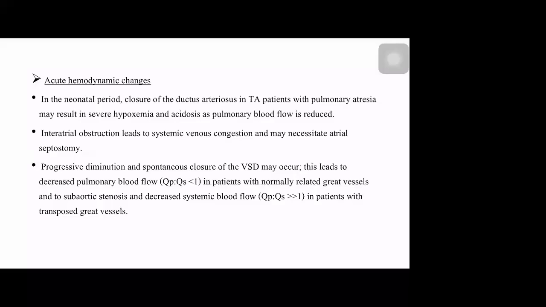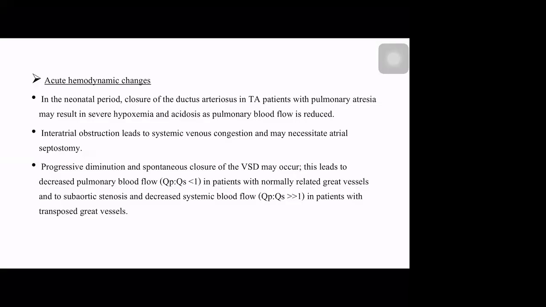So if the PFO is closed or the ASD is restrictive type, meaning the gradient across the RA and LA is more than 5 millimeter of mercury, in these situations definitely the blood flow from the RA to the LA will be reduced. Again, there will be hypoxia. There will be reduced systemic blood flow because now the LV is getting lesser blood, and at the same time there will be systemic venous congestion because there will be accumulation of excessive blood within the RA.